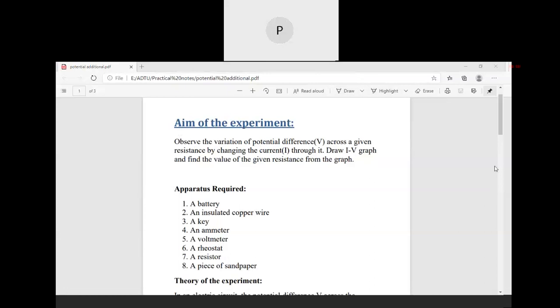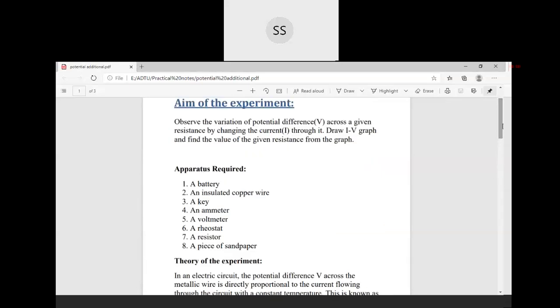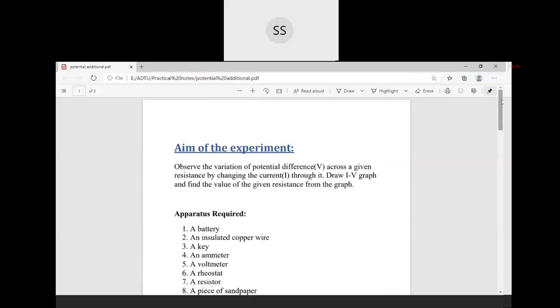Yes, ma'am. Now in your practical copy, write down this experiment: aim, apparatus, theory, table, and the graph. I will share later, and you submit this experiment by 2 p.m. This is your classwork for today.